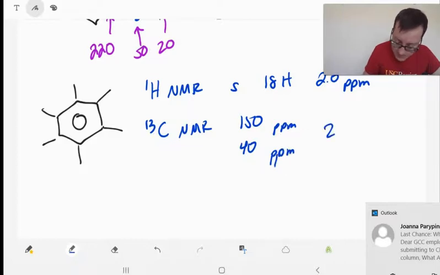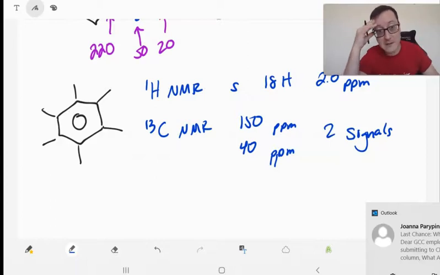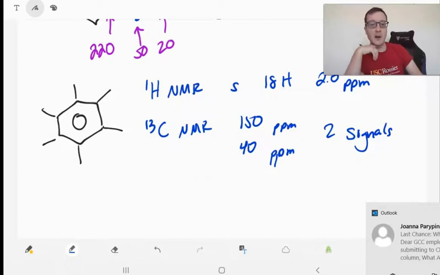You'll see 2 signals. So carbon NMR can tell you if you have a benzene that's fully substituted, because the proton NMR just shows you 2 ppm. It's not aromatic, right? Aromatics show up at 7. We have no aromatic hydrogens here, but we do have aromatic carbons, and so you'll see those in carbon NMR.